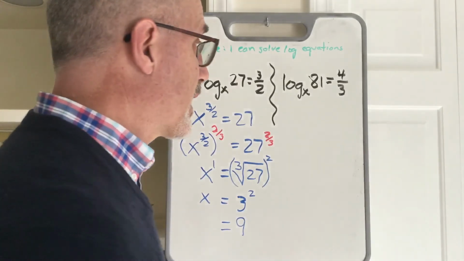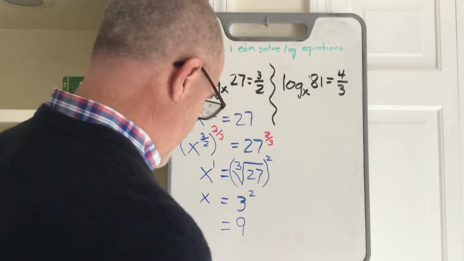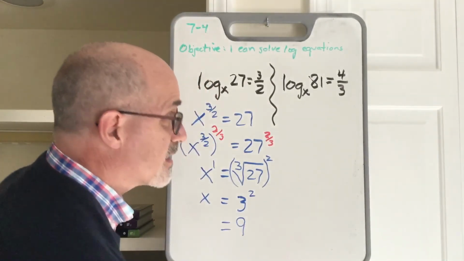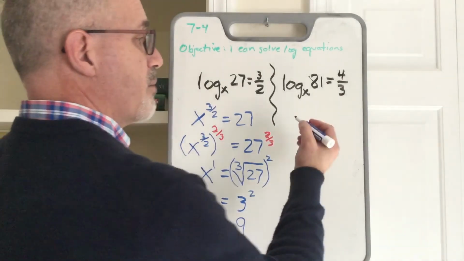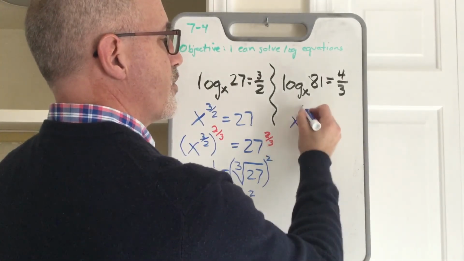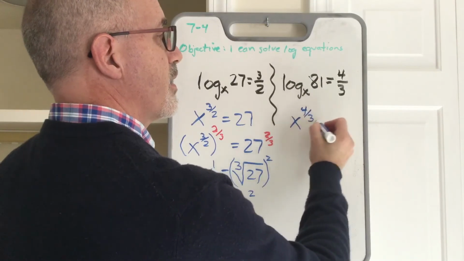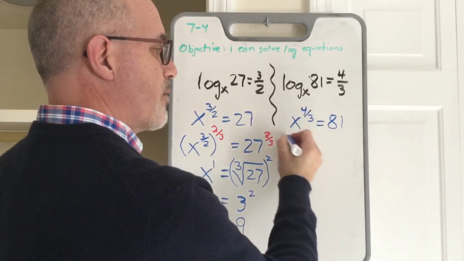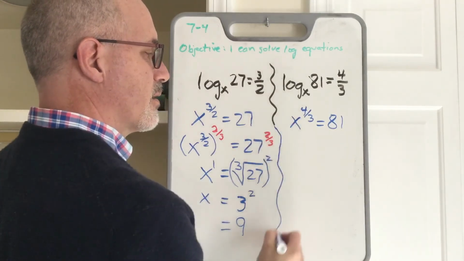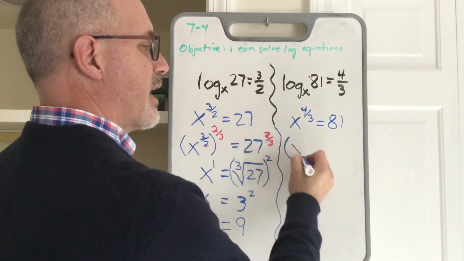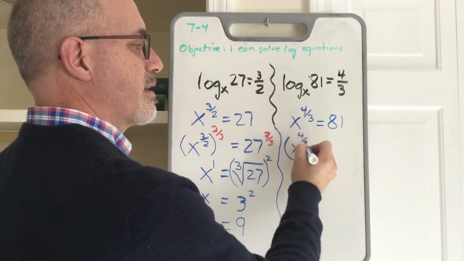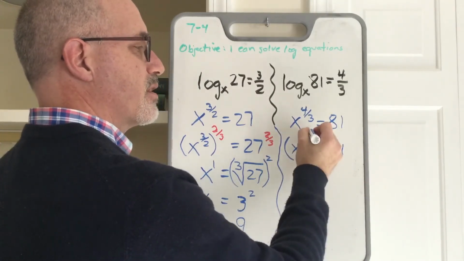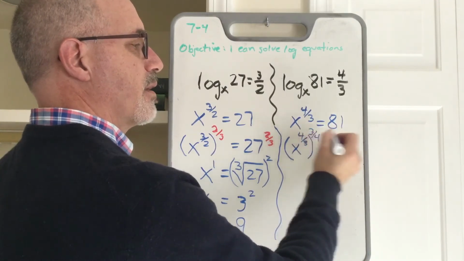All right, now that we're back, let's solve this one. Let's set it up as an exponential. It's going to be x to the 4/3 power equals 81. The way to get rid of that 4/3 power is to take both sides to the reciprocal power, the 3/4 power.